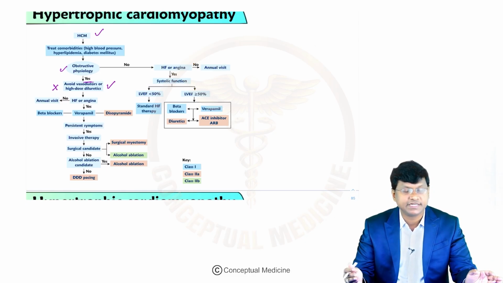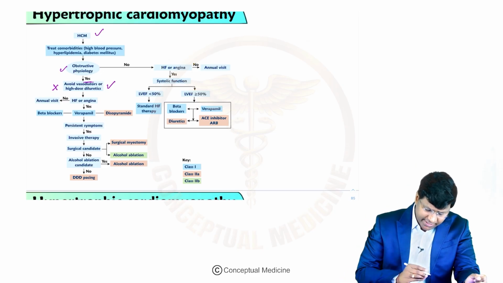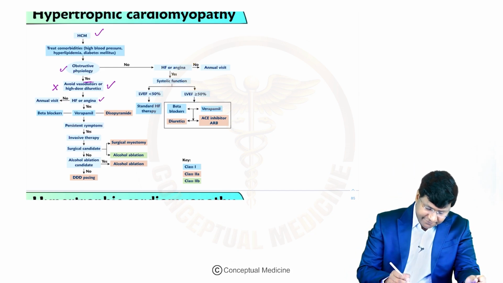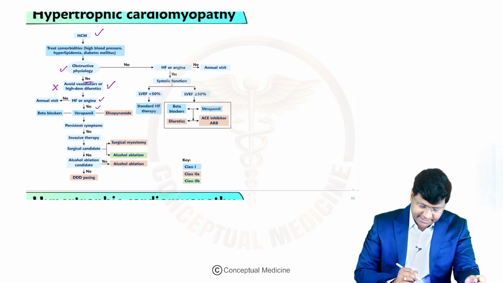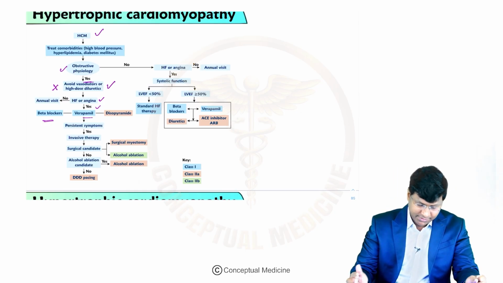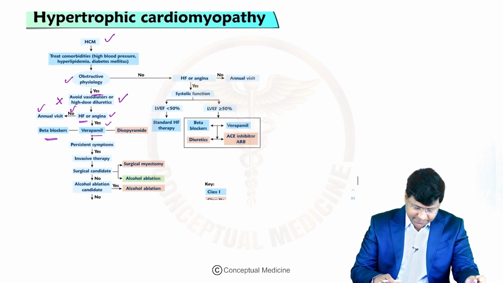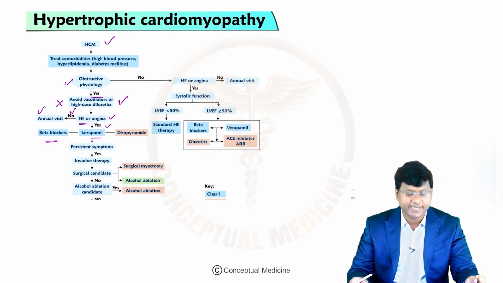Please don't give them, because that will further reduce the venous return and reduce the LV volume, which will increase the obstruction. Next, you have to check whether the individual has heart failure or angina. If heart failure or angina is present, then you give beta blockers. If contraindicated, then give calcium channel blockers. If heart failure or angina is not present, then an annual visit has to be advised.